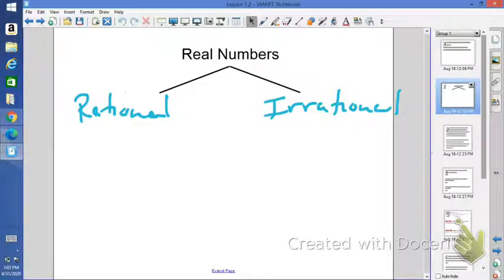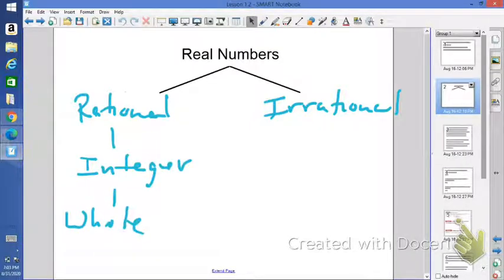Alright, if it's rational, it can be broken up further or classified as an integer, a whole number, or a natural number.